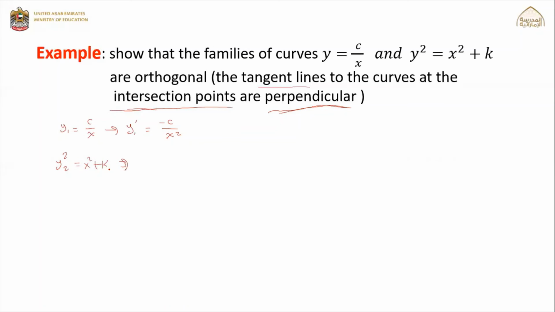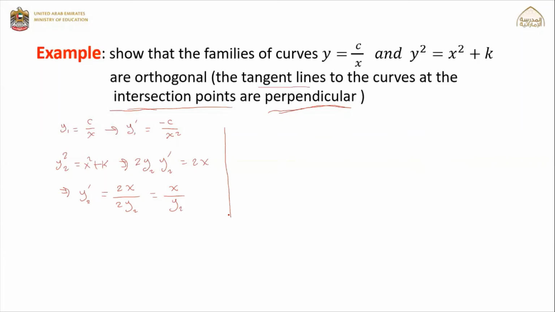I will use implicit differentiation here. So 2y2 y2 prime equals 2x, because the derivative of k is 0, because k is constant. From this, I can say y2 prime equals 2x over 2y2, which is equal to x over y2.